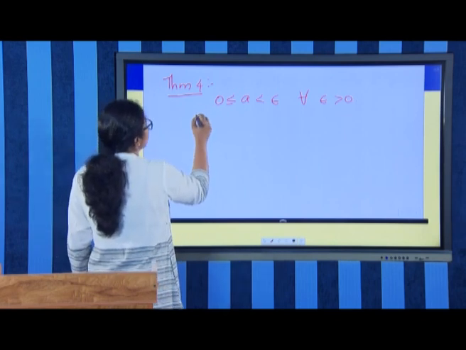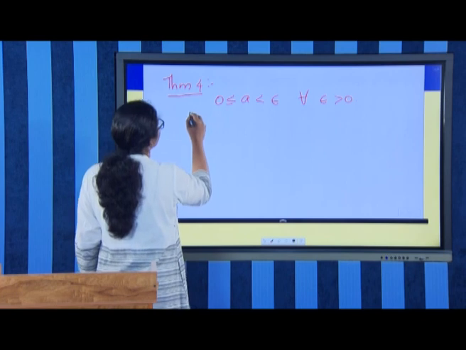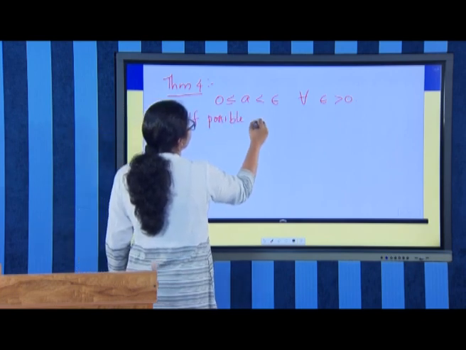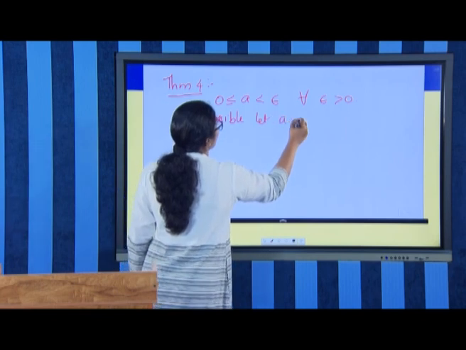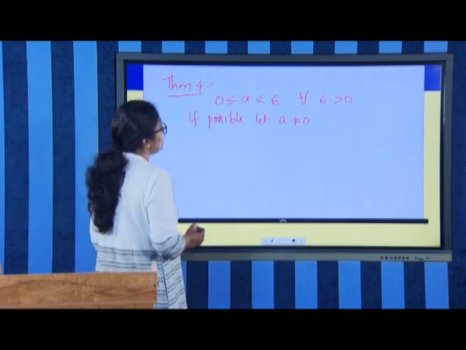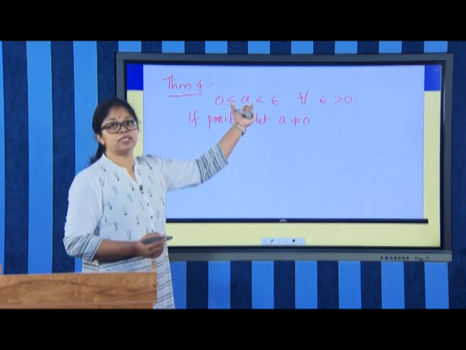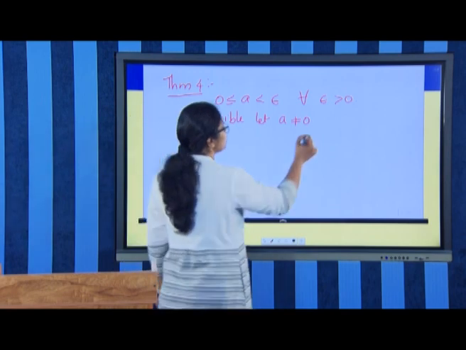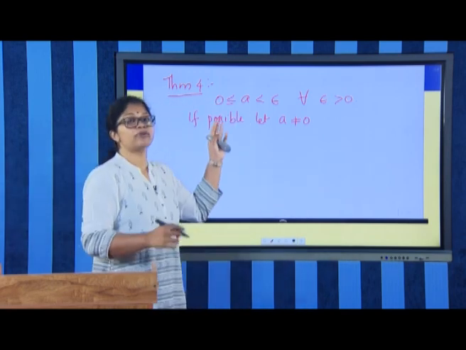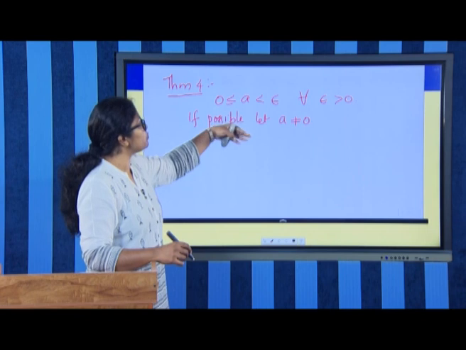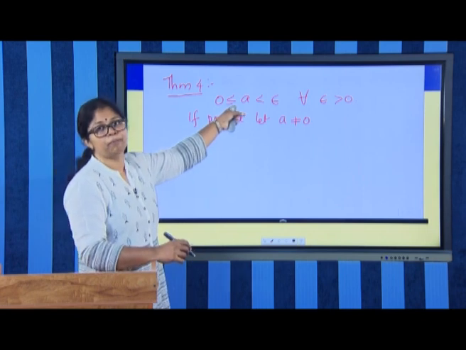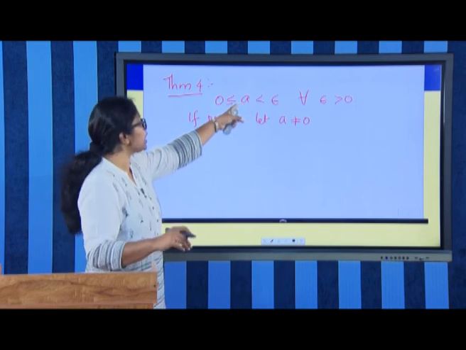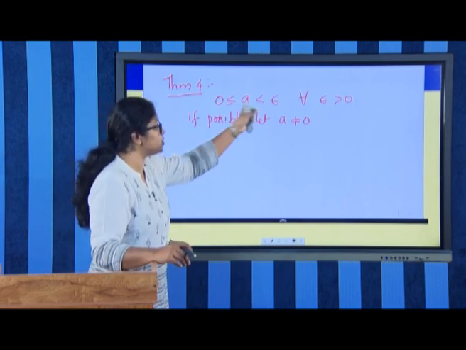So, if possible, let A is not equal to 0. Then, because this condition is given, 0 less than or equal to A less than epsilon for every epsilon greater than 0, the third condition under the law of trichotomy does not hold here, because we need not take A less than 0, because A cannot be negative, because it satisfies the given condition.